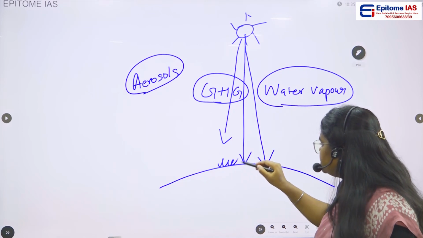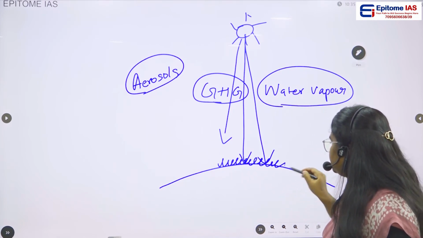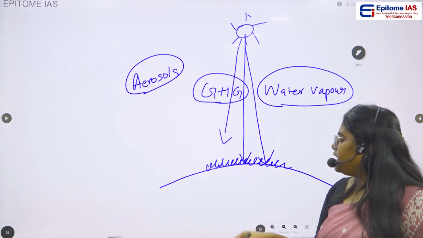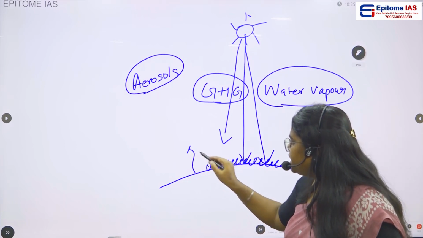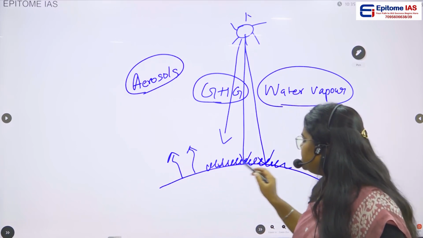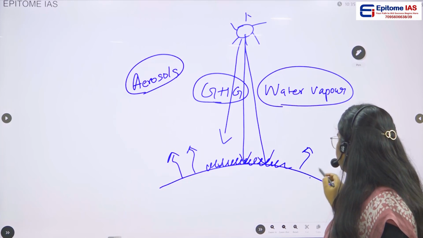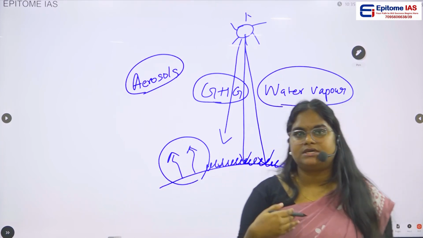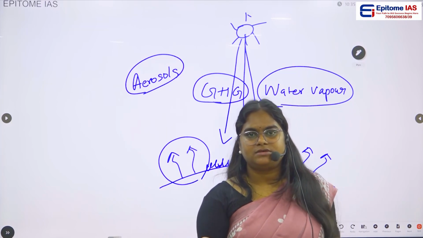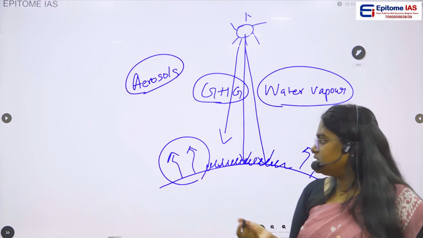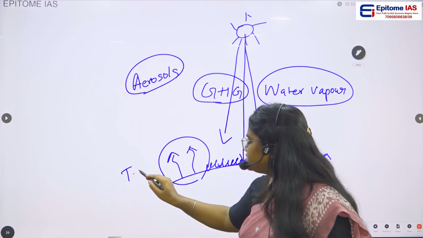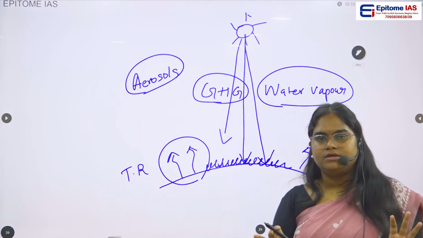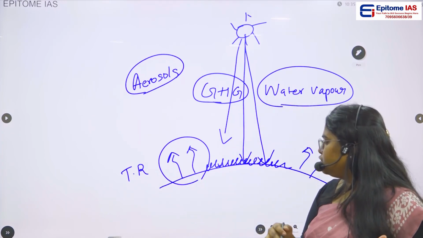This insolation heats the surface of the earth, and then the earth starts to radiate back the heat which was received from the solar radiation. This radiation emitted back by the earth's surface is called terrestrial radiation. We saw this in detail in yesterday's class, so go back and check that video also.